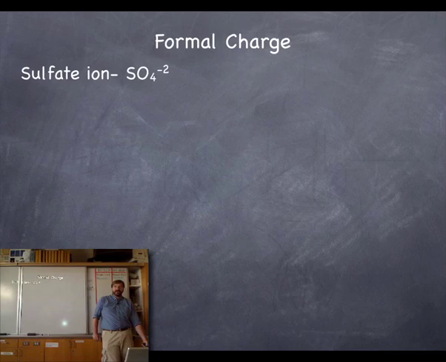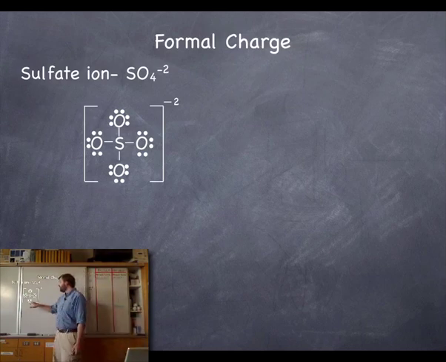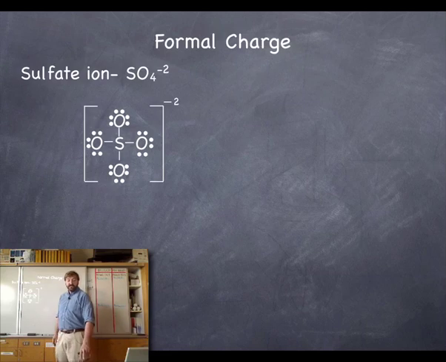Okay, sulfate ion. You can go through and do a Lewis structure for the sulfate ion that follows the octet rule. So this Lewis structure for the sulfate ion follows the octet rule. You can see the sulfur has 8 electrons. Each oxygen has 8 electrons.